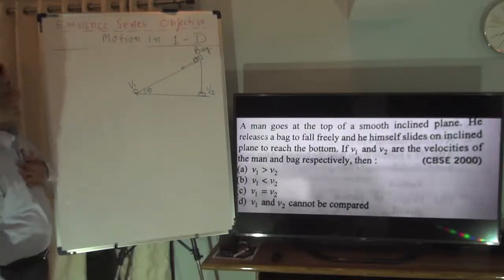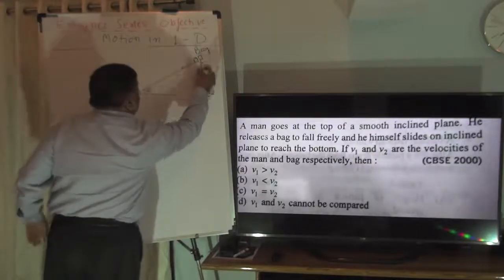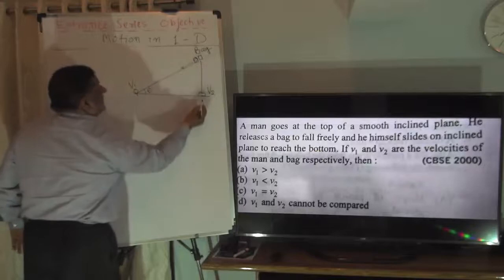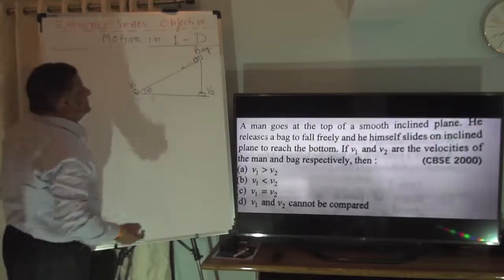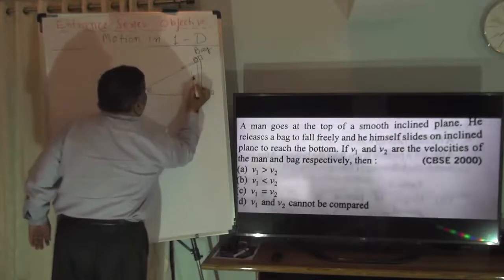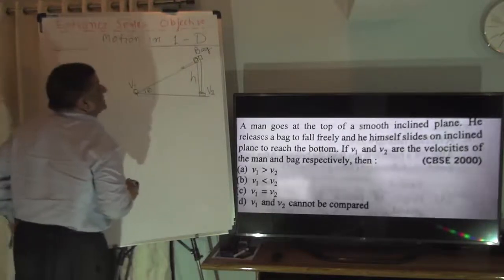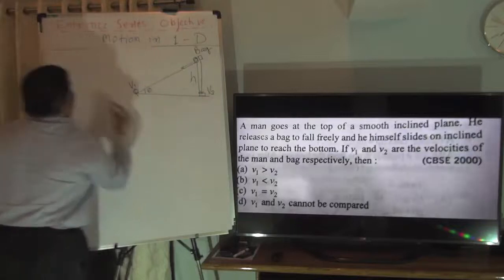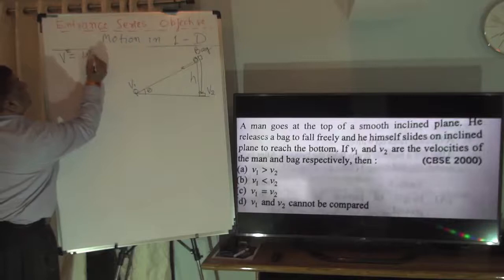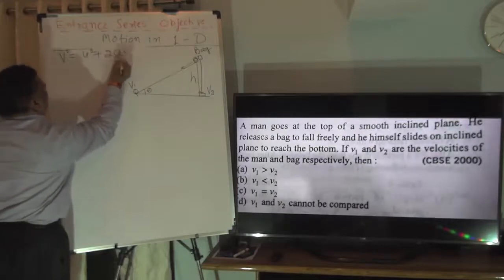The final velocities. First, this velocity. This velocity goes on increasing and it depends upon the distance. Let us say this distance is equal to h. If distance is h, then what will be this velocity? So the answer is v square is equal to u square plus 2as.